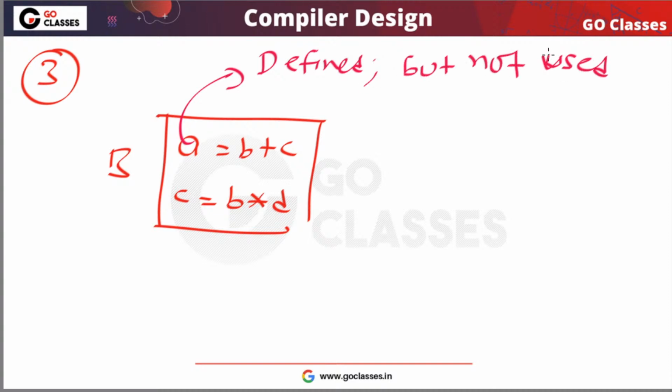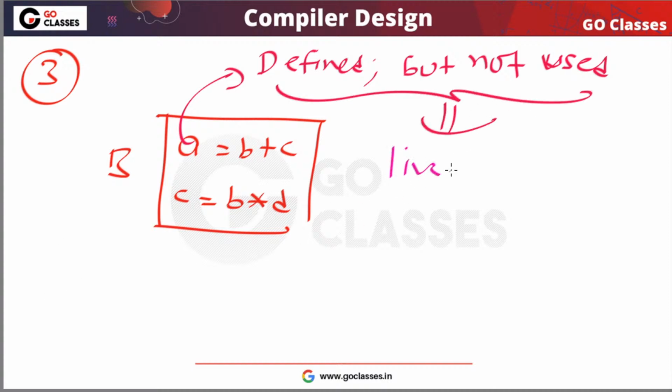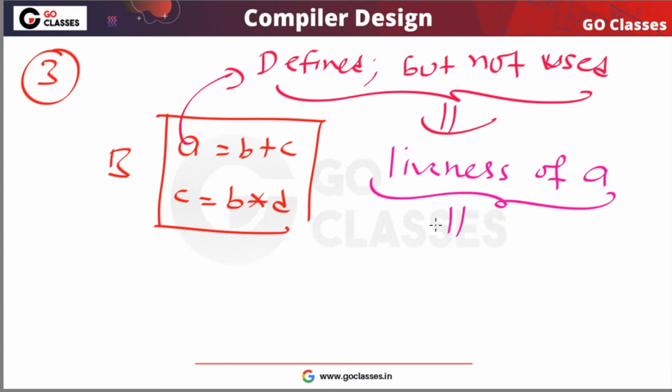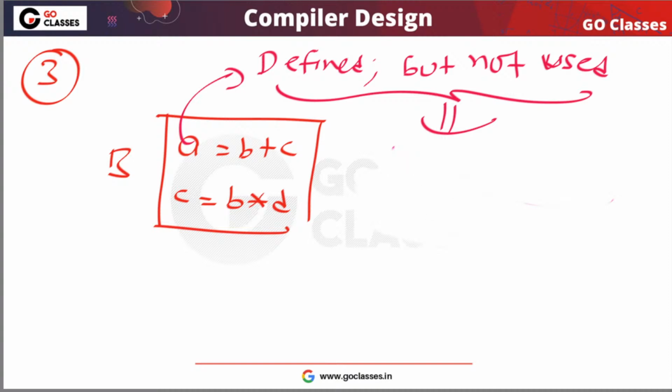Then what can you say about the liveness of A? We can say that before this basic block B, A is not live.